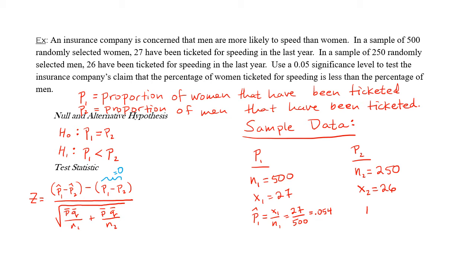And then for P2 hat, we're going to do X2 over N2, so 26 over 250. That gives me a value of about 0.104.